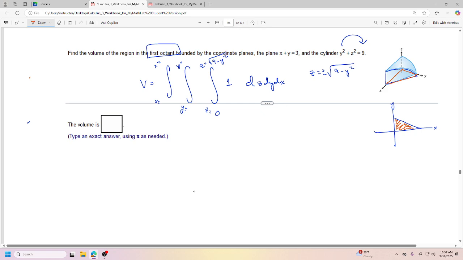How can I define top and bottom for y? What would be on the bottom? What's this line? 0. Okay, so how do I get this line right here on the top? How do I make a line there?